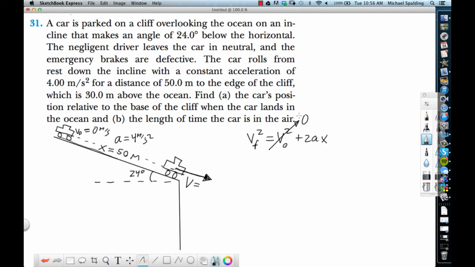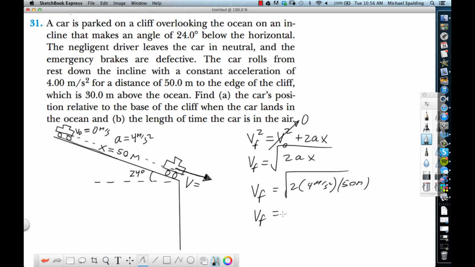V initial at the top is 0. So now we can solve for V final. This is going to be the square root of 2ax, 2 times 4 times 50. So this ends up being 20 meters per second. So we now have this velocity as the car begins projectile motion.